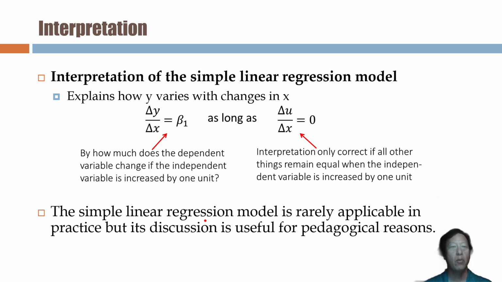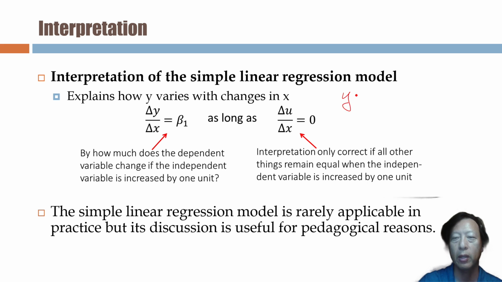Interpretation. What is the interpretation of beta 0 and beta 1? Beta 1 is basically the slope of the line, because our model was y equals beta 0 plus beta 1 times x plus u, or e.